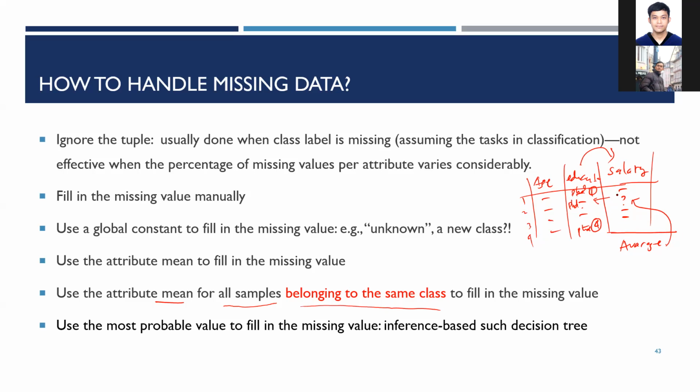Why? Because data 1 and data 4 have the same education class as data 2, which is the one with the missing value here. So we can also do this to get a more accurate prediction for the missing value.